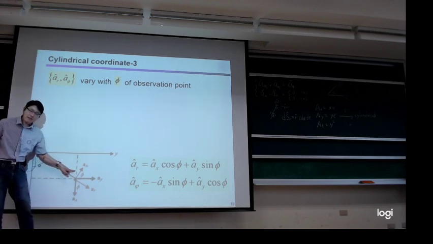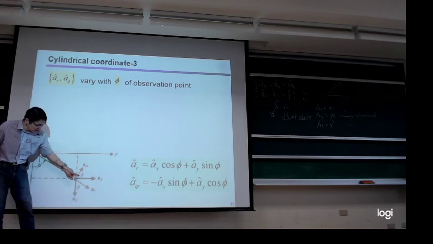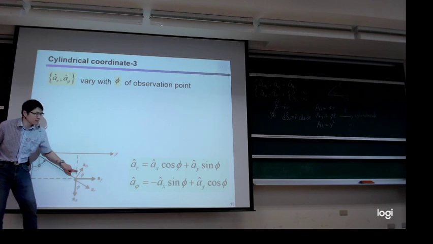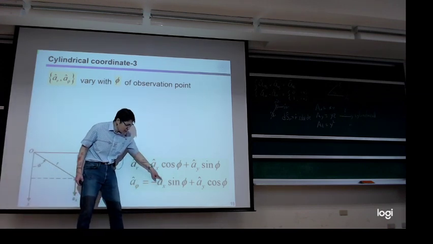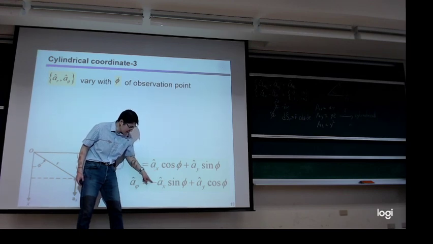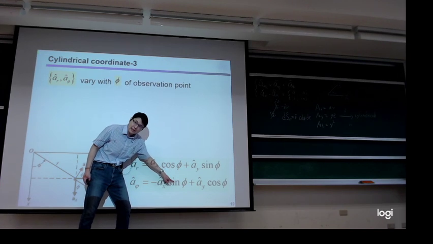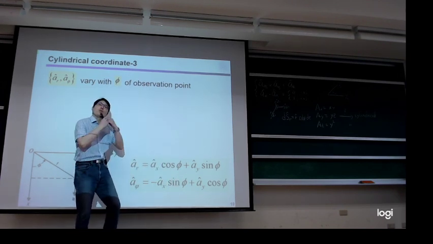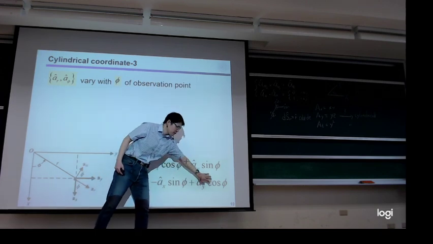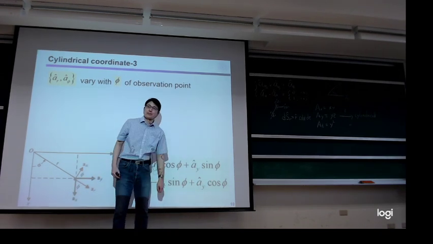So it is having a negative sign, and it takes a form of sine rather than cosine. So phi unit vector projected onto x unit vector takes on a negative sign in the form of sine phi. But phi unit vector projected onto the y unit vector, straightforward, just cosine phi.